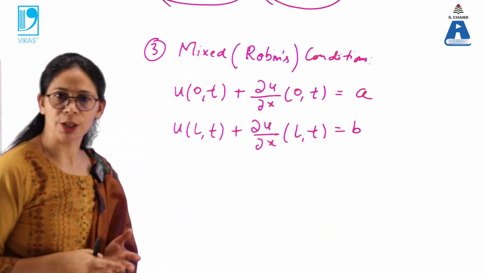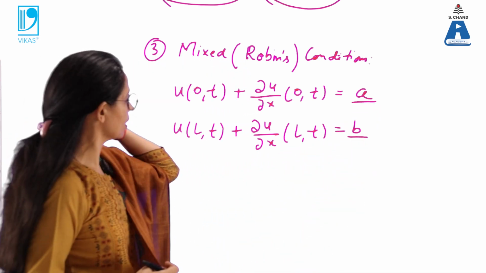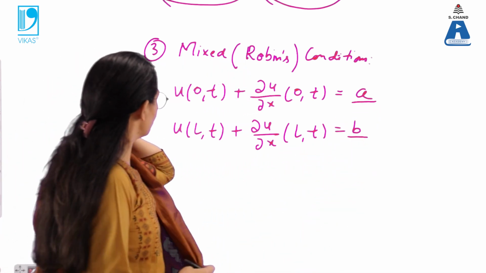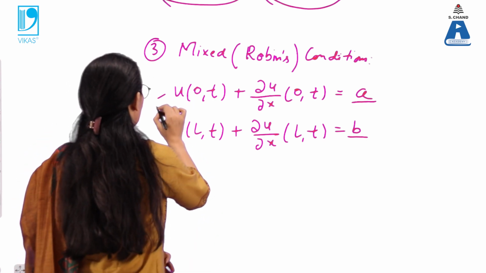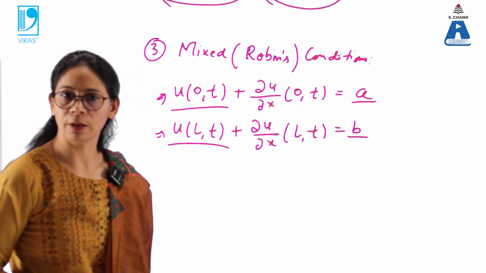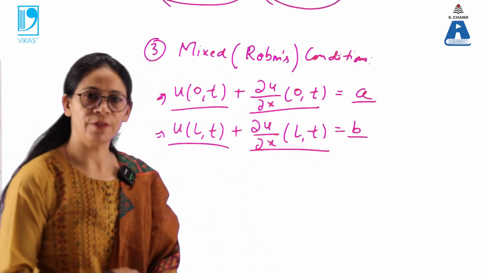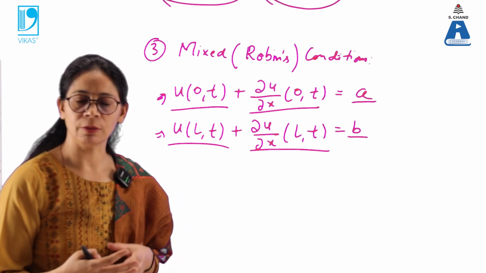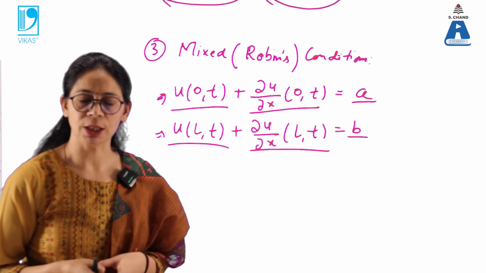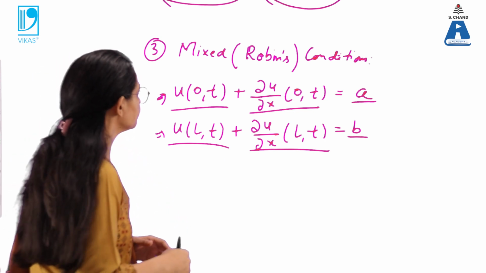If such conditions are given, a or b need not be constant, they may be functions. These are the Dirichlet condition and the von Neumann condition. If a combination of both is given, it is called the mixed type of conditions or the Robin's conditions.